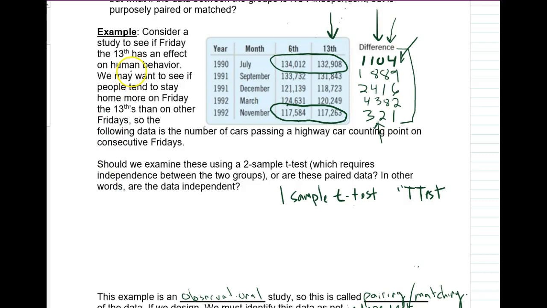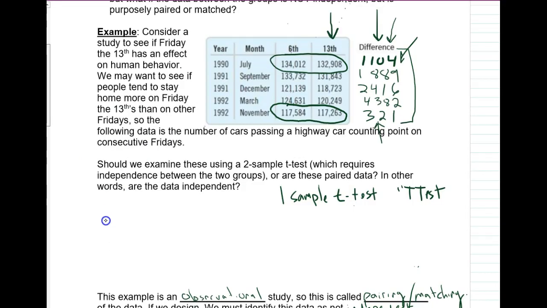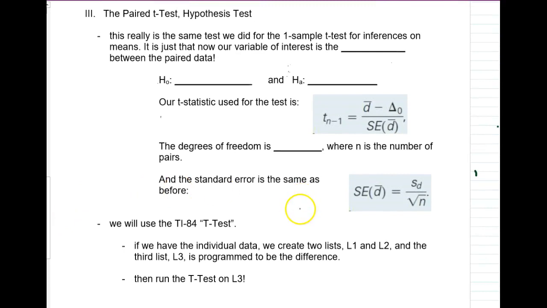The first thing we'll look at here is how to run the hypothesis test, and then we'll do the confidence interval. We're going to do this the same way we did the one-sample t-test for means. It's just that now our variable of interest is the differences between each one of the pairs.